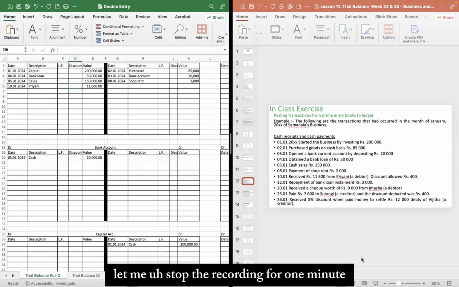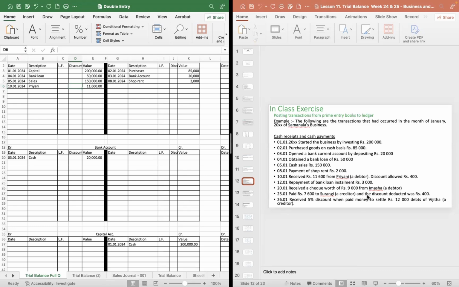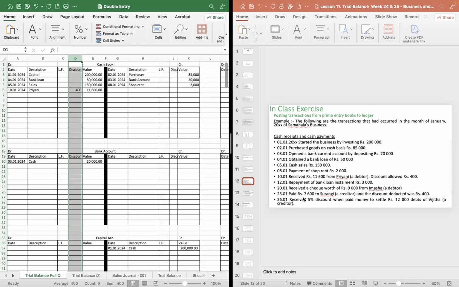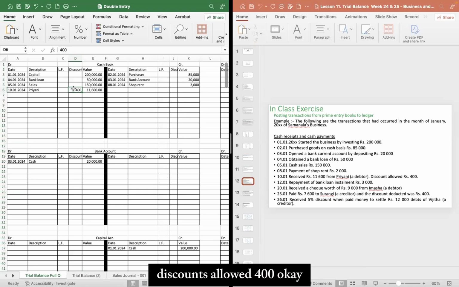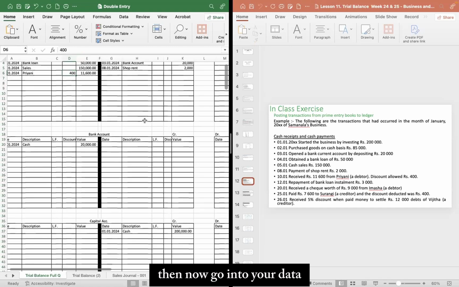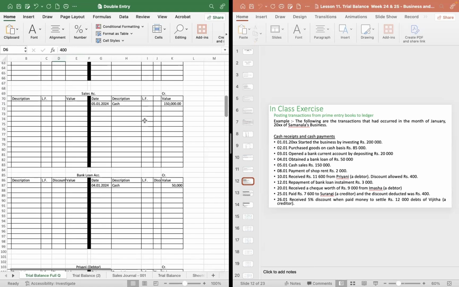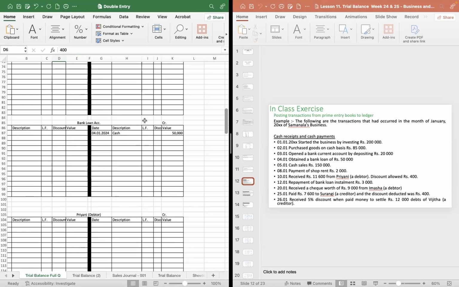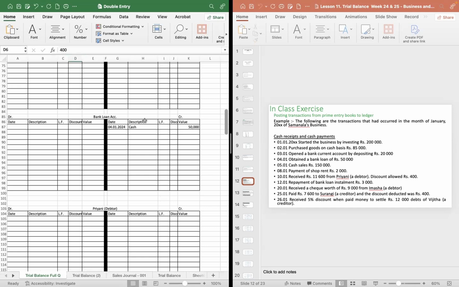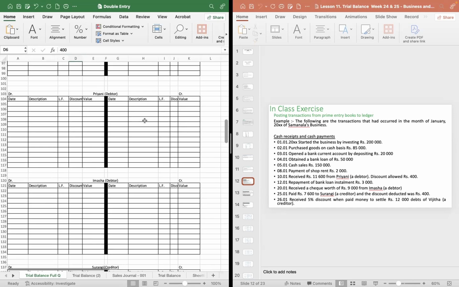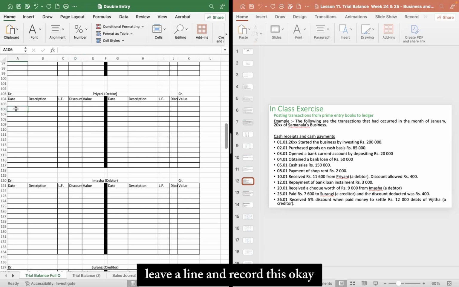Let me stop the recording for 1 minute. Okay, the discounts I have to record in the memorandum column. Discounts allowed 400. Then you are going to your debtor, Priyani. We'll leave a line and record this.